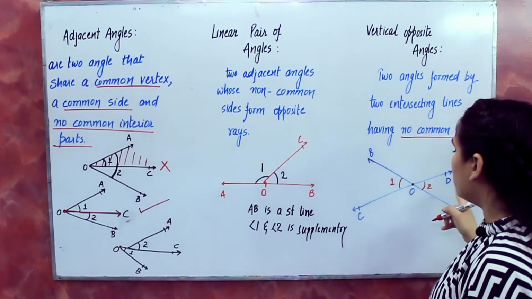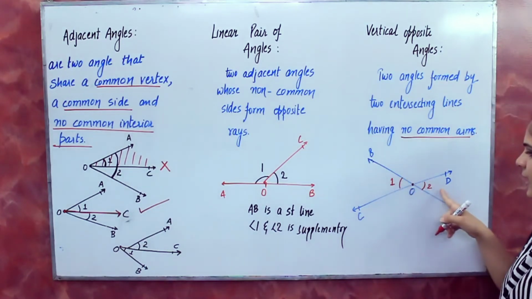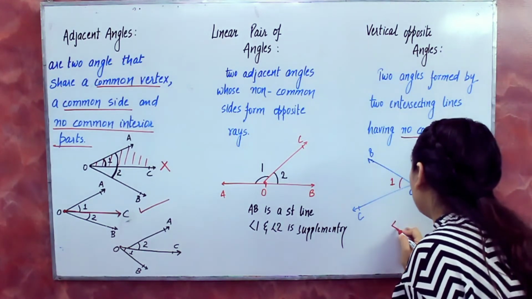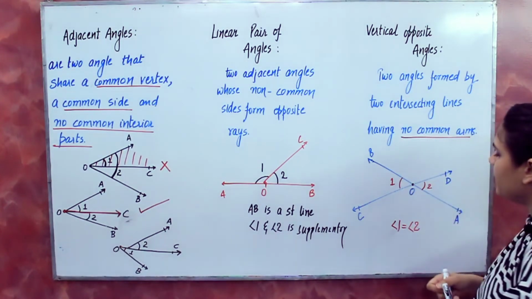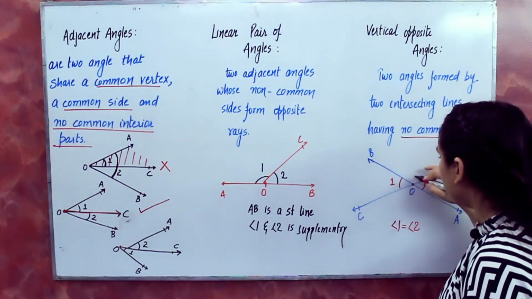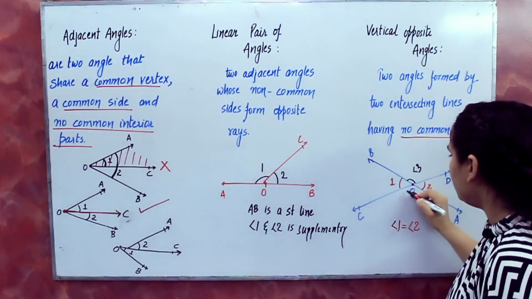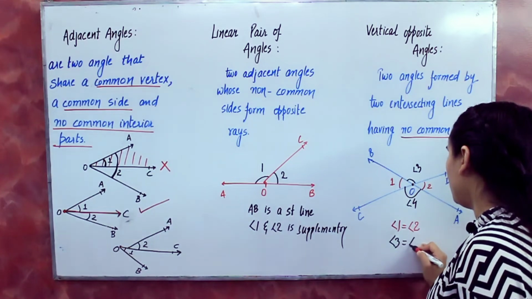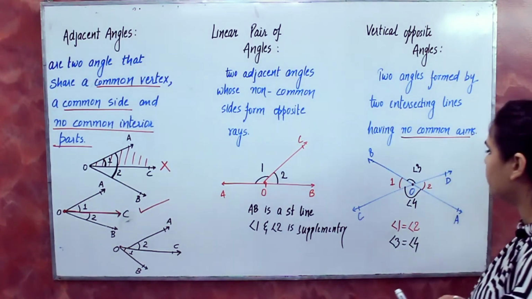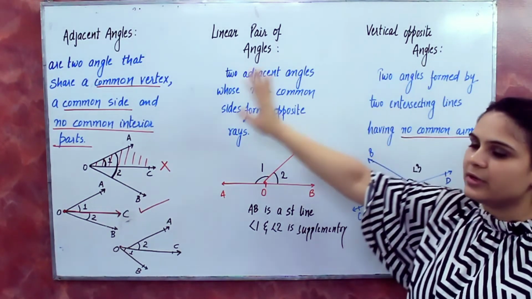So the vertically opposite angles 1 and 2 will be equal. And another pair of vertically opposite angles will be angle 3 and angle 4. Angle 3 is equal to angle 4. So these are the important types of angles.